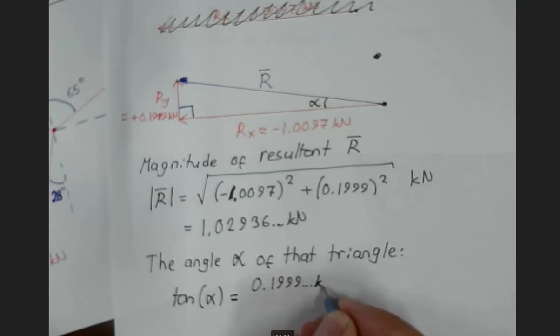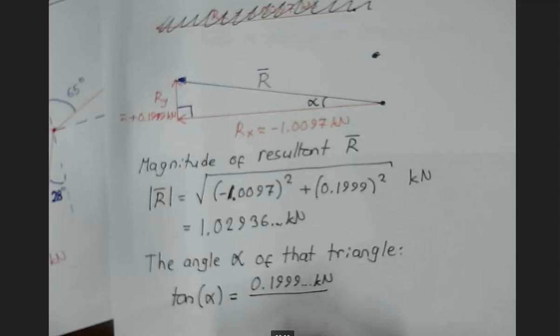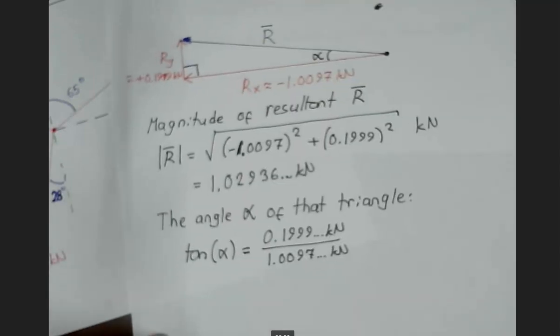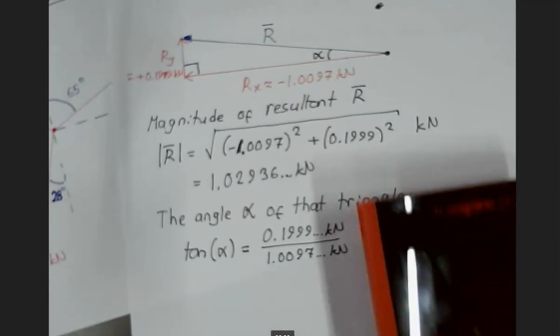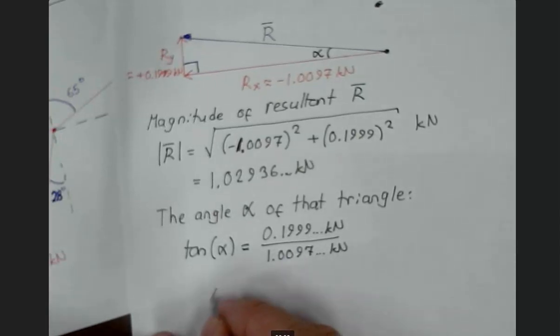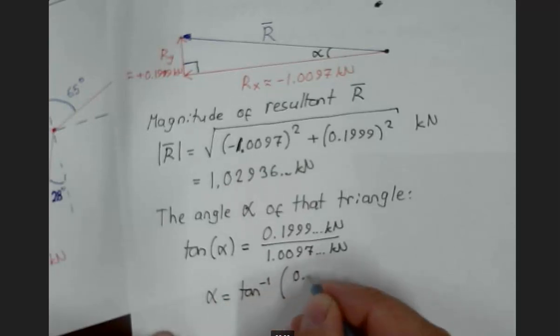So we know tangent alpha is 0.1999 kilonewton divided by 1.0097 kilonewton. Again, I will take those exact values from my calculator. So tangent of that alpha is this, so this alpha will be inverse tangent of that division.